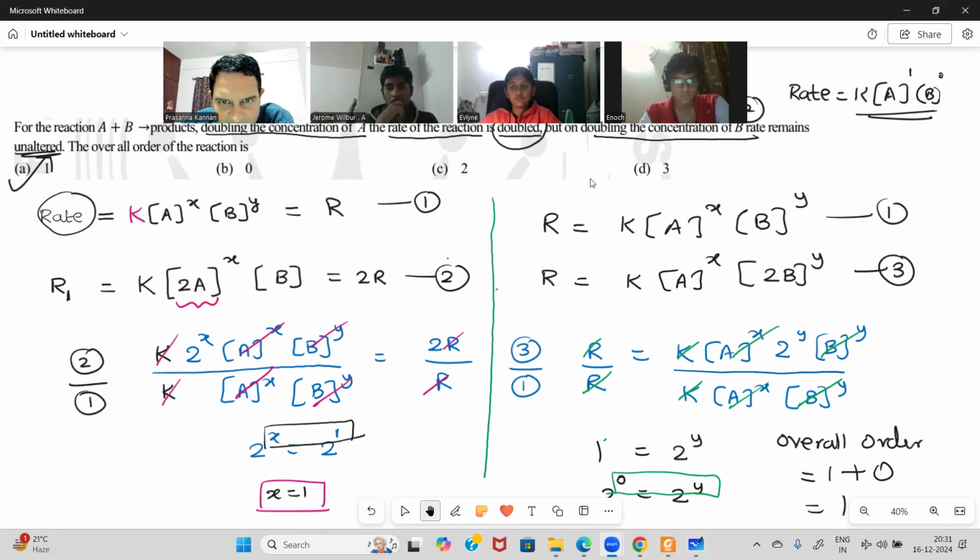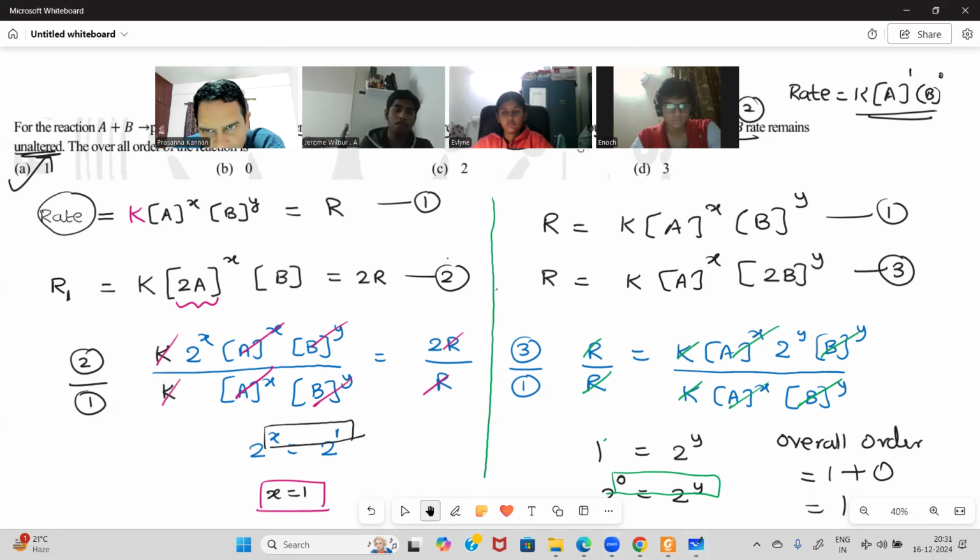What is the order of the reaction with respect to that reactant? Same idea. What is 1.732? Same thing, sir. Root 3. Root 3, right? So 3 power half. So once again, the answer is half.